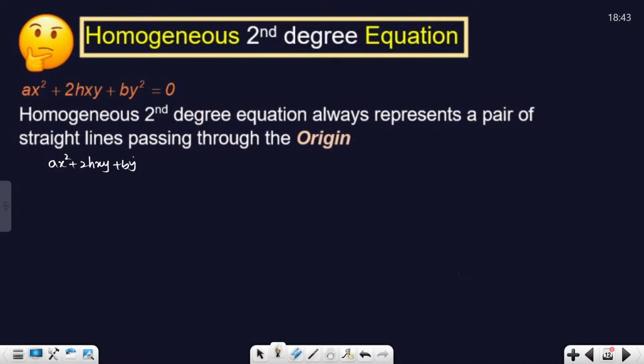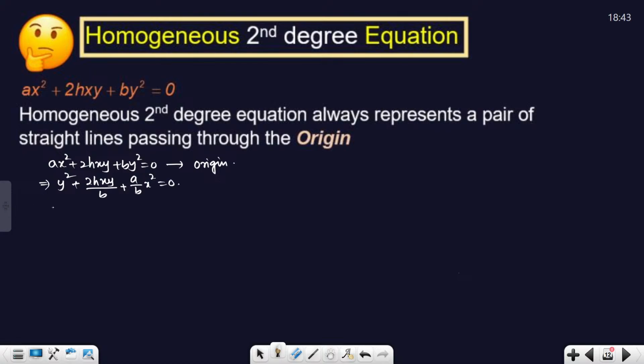So in this case also, this homogeneous second degree equation, which is ax squared plus 2hxy plus by squared equals 0, is homogeneous of second degree. So it represents a pair of straight lines passing through the origin, right? So we can write it in this way also. If I divide both sides by b, we have y squared plus 2hxy by b plus a by b x squared equals 0.